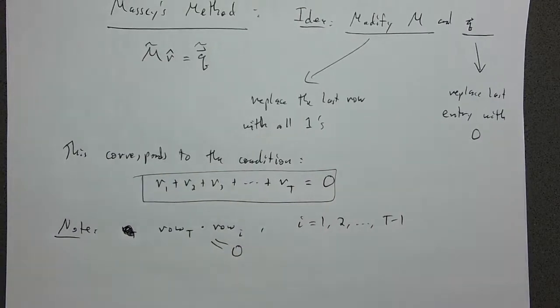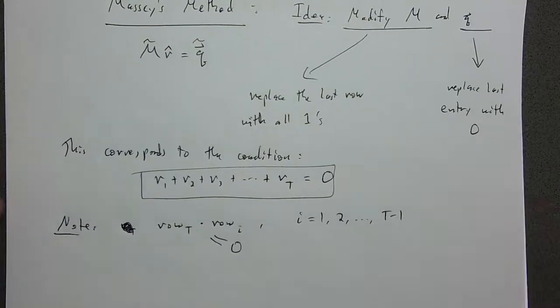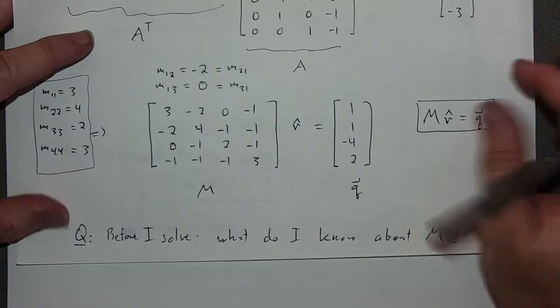How do I know that? Let's go back to, actually, I'm going to go ahead and write it out, and then we'll see how this is. So let me remind you what our equation was. It was this thing.